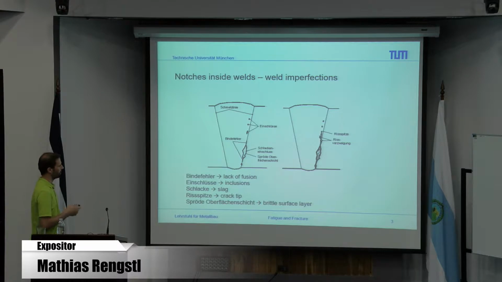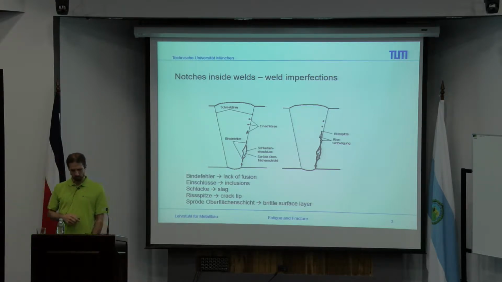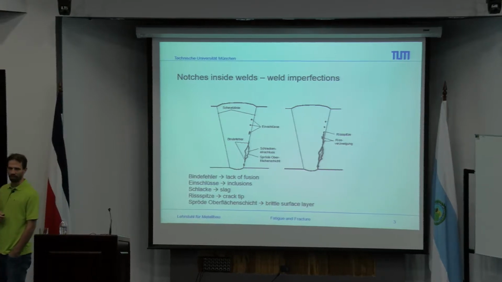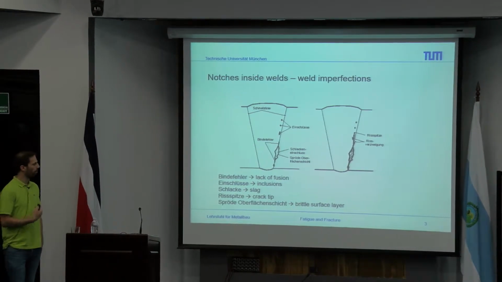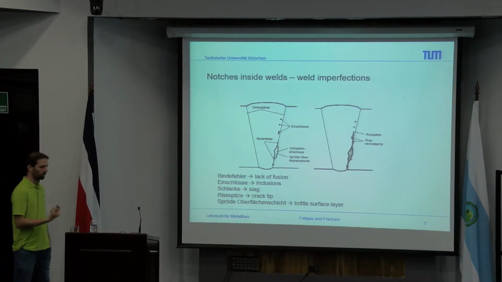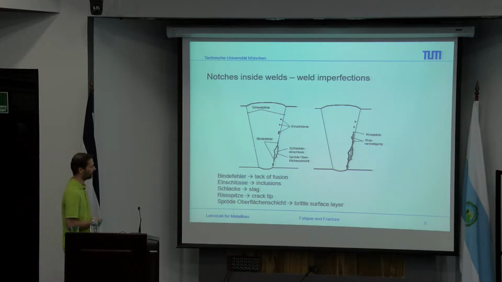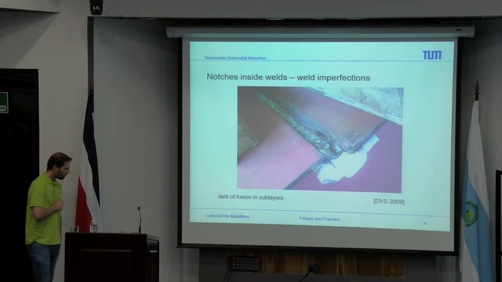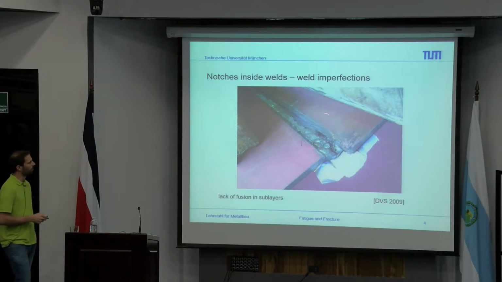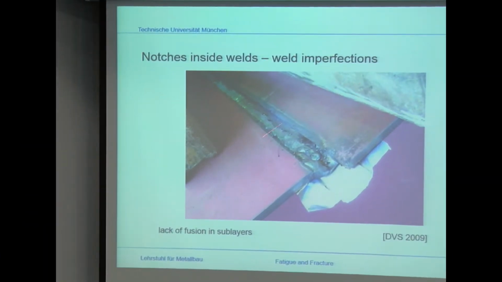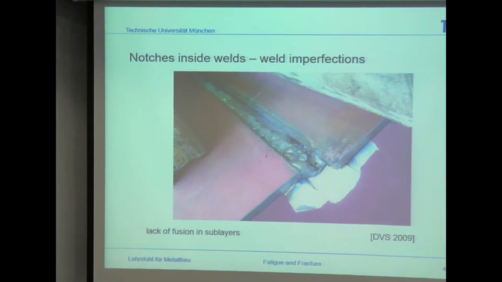Because yesterday we just had this slide, which was not really efficient to see what really happened, or how a really bad weld seam looks. So, for example, we have here our steel plate, which of course is really thick.